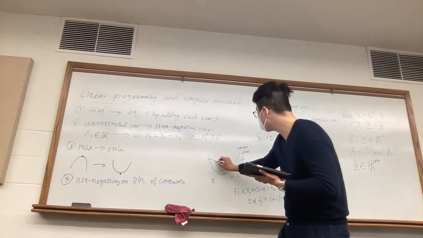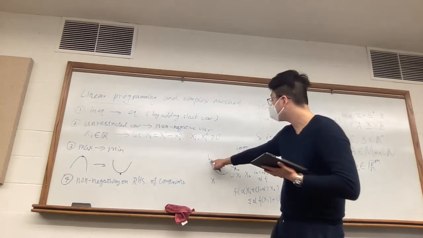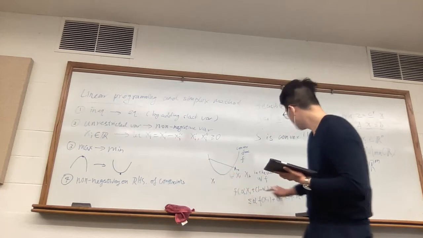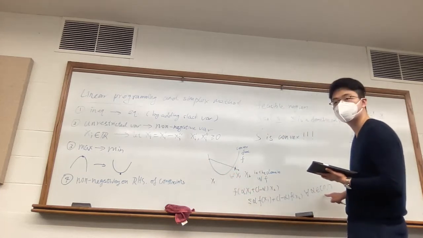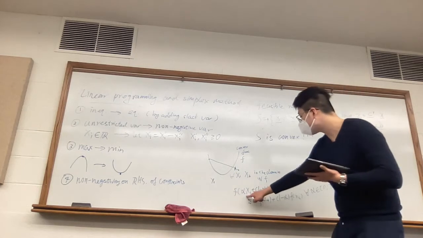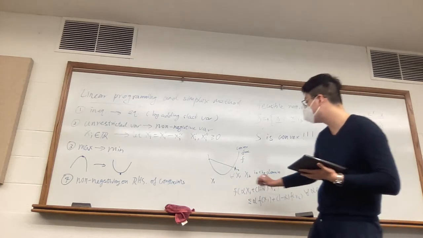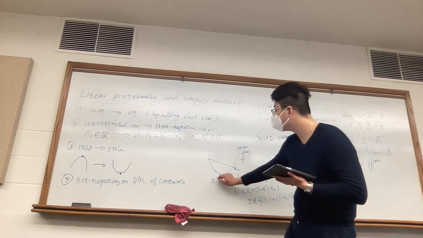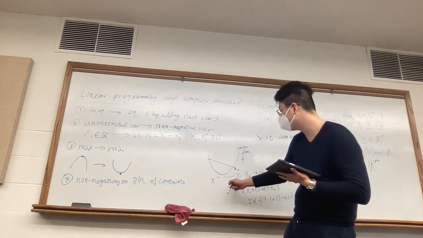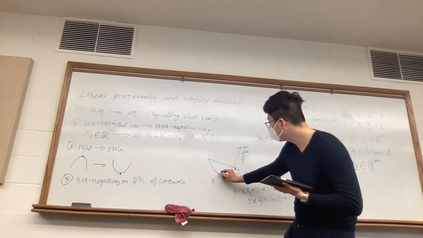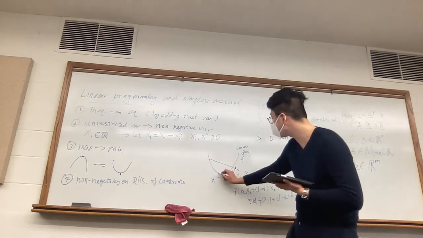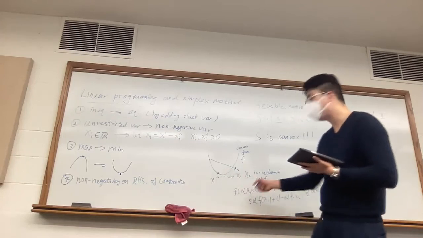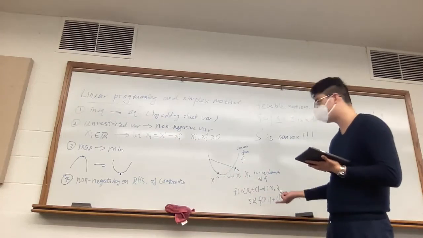You know that alpha is between 0 and 1, so alpha x1 plus (1 minus alpha) x2 is some point between x1 and x2. And this point is f(alpha x1 plus (1 minus alpha) x2).